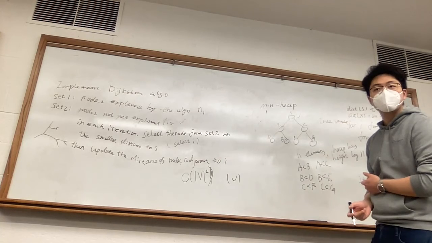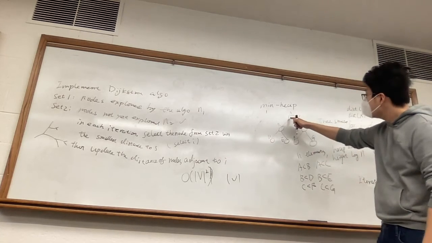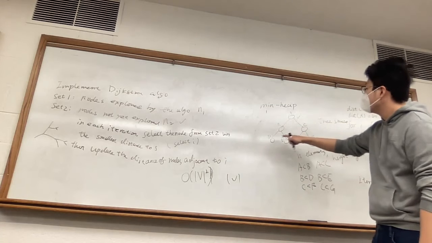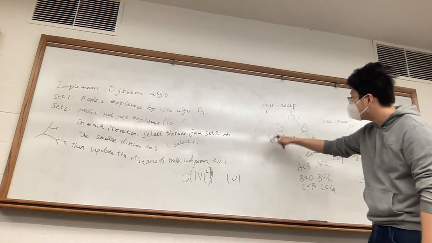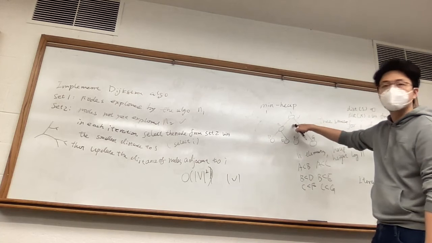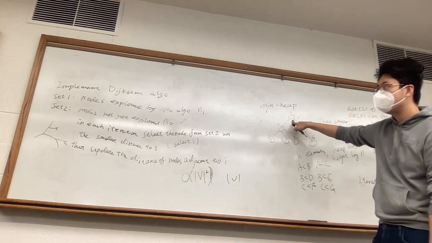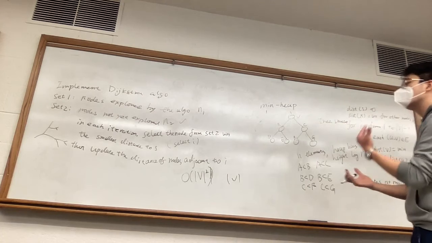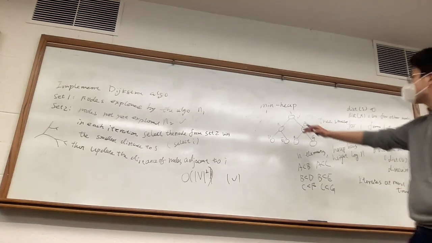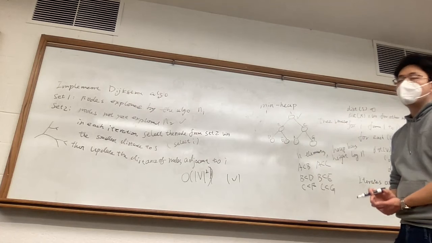This guy, right? Just the root of this heap, because A is less than B and A is less than C, and B is less than D, B is less than E, C is less than F, C is less than G. So A should be the minimum. So every time we want to select a node from this heap, we just select the top one.